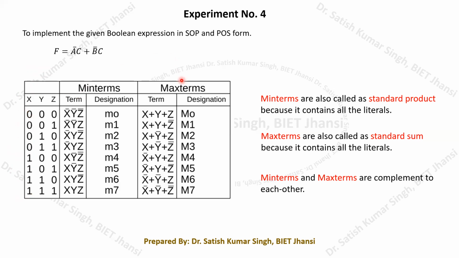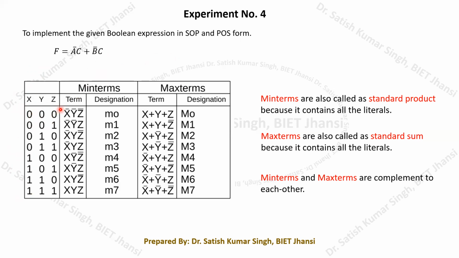To get the min terms, we need to perform the AND operation between all the Boolean variables. In the first combination, when x, y, z is equal to 0, 0, 0, x will be designated as x prime, y as y prime, and z as z prime.